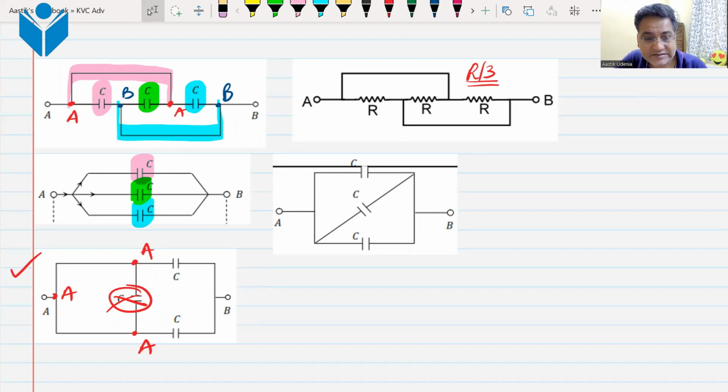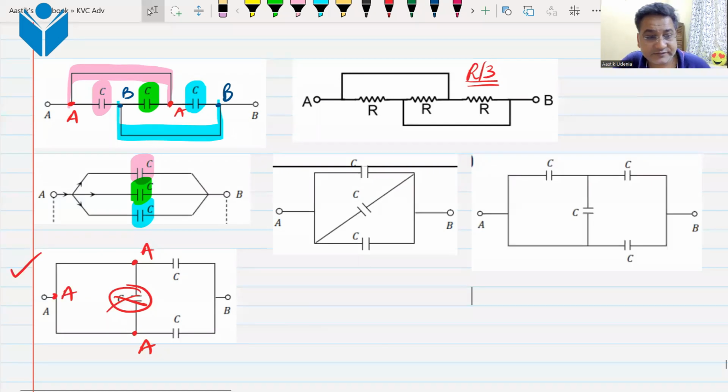All these capacitors are connected in parallel. Do we understand this? Yes or no? Yes, sir. Everyone is able to understand this? Yes or no? Yes, sir.